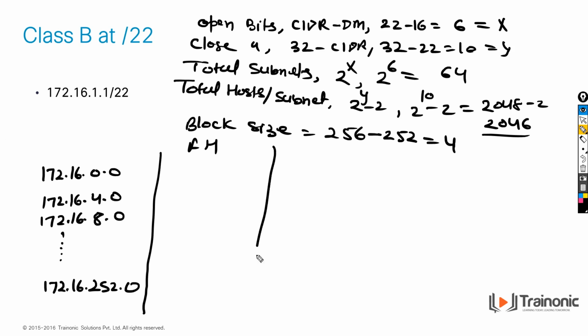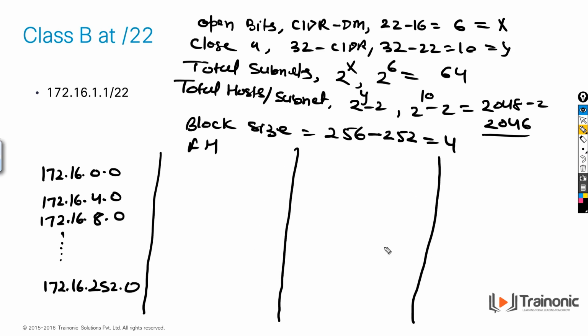First host, last host and broadcast address. First host: the first 16 bits will remain common, then 0.1.